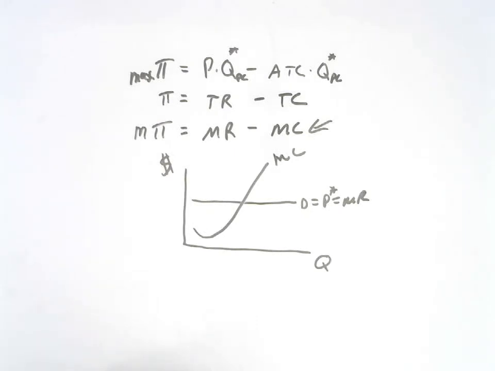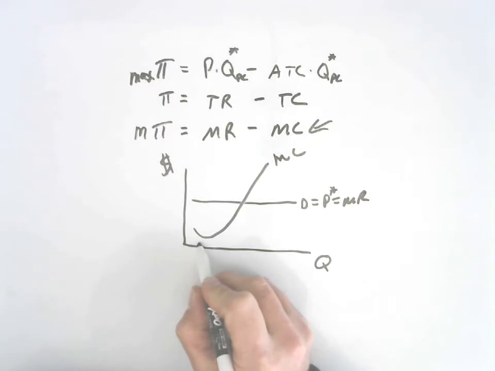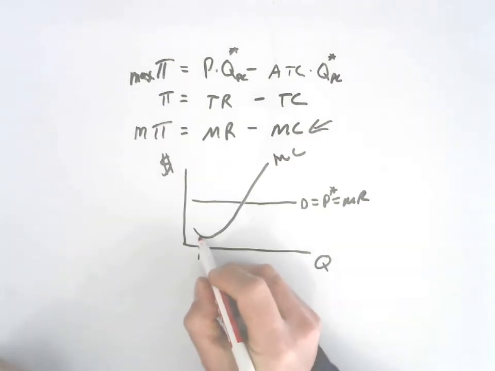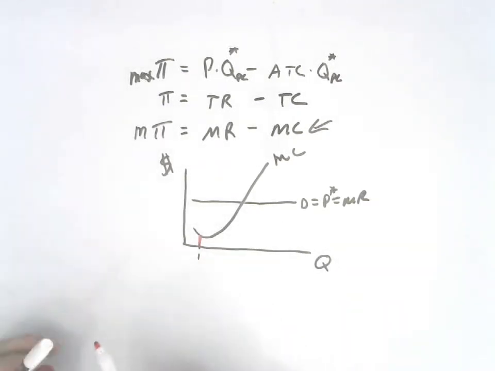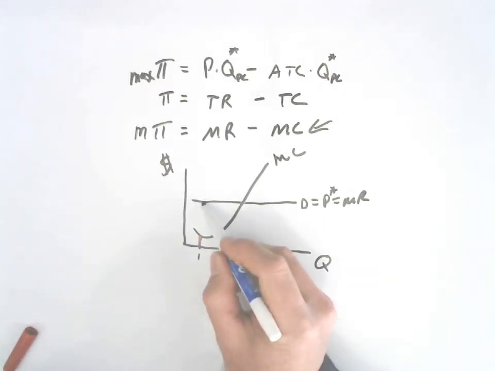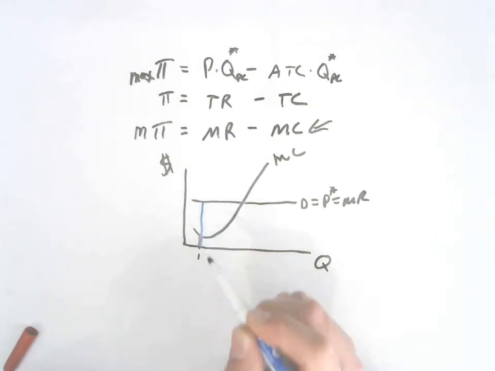How have we done that? Let's think about this. If this firm sells 1 unit, it costs them this much to produce that unit, but they make this much from that unit.